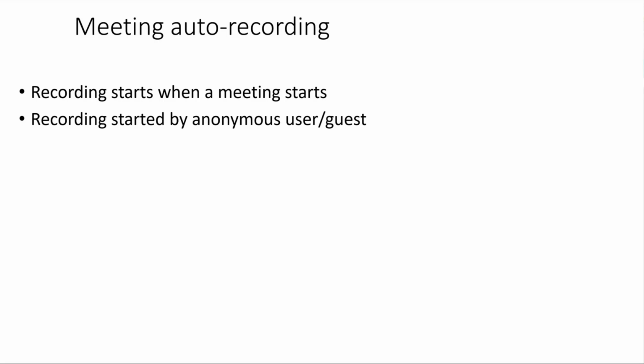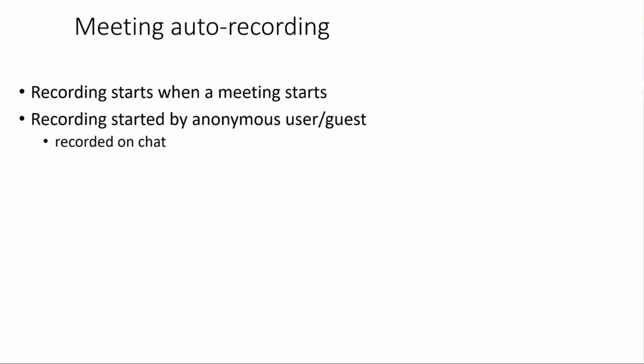And what about recording started by external users, by guests, anonymous users? Well, anonymous or guest users can start a meeting if you configure your meeting in that way, and they can also start auto recording.